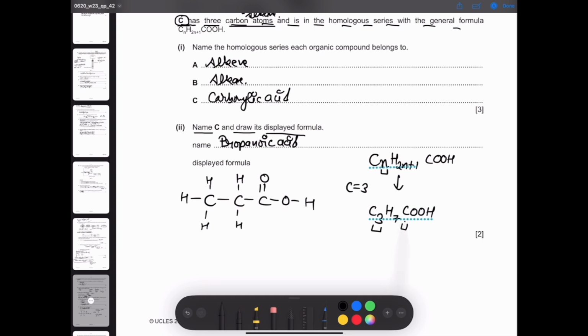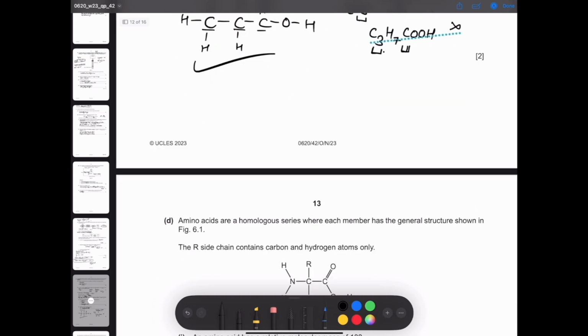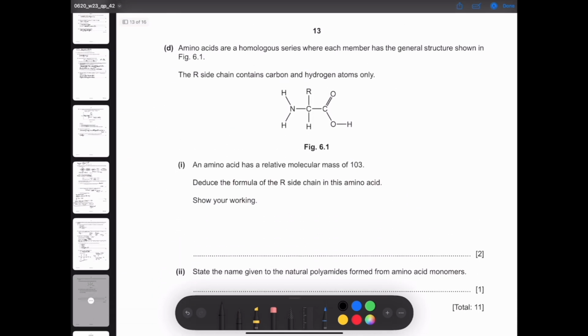The carboxylic acid carbon also counts. So they end up making mistakes here. They will directly use the general formula and say the number of carbon atoms 3 is given, I will put 3, but ultimately it comes out to be a total of 4 carbon atoms. So avoid doing this. Simply draw 3 carbons, put double bond O H, then satisfy the valencies. This is your answer.